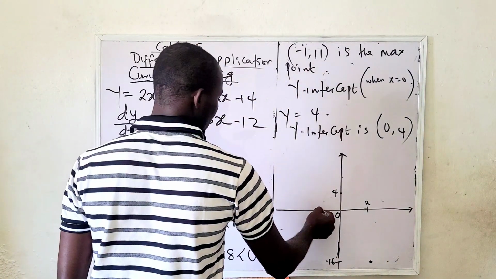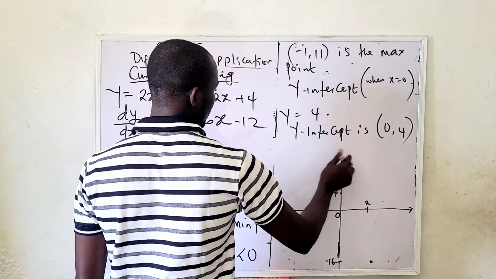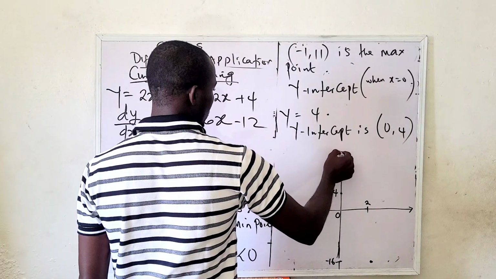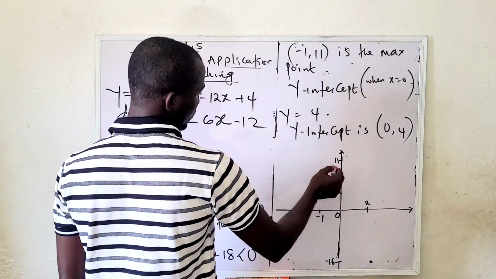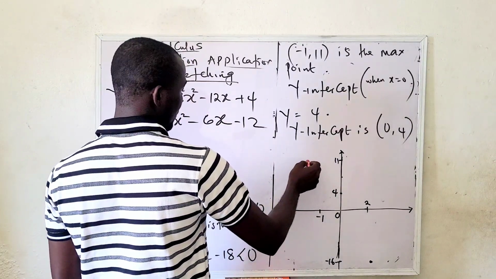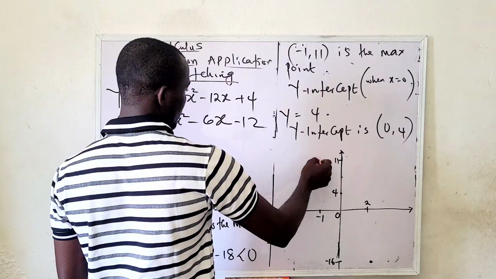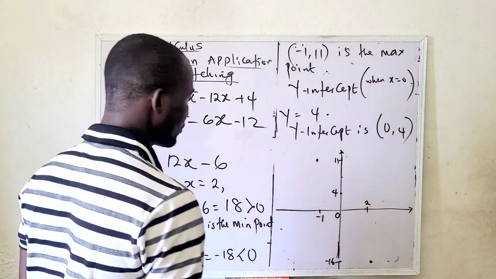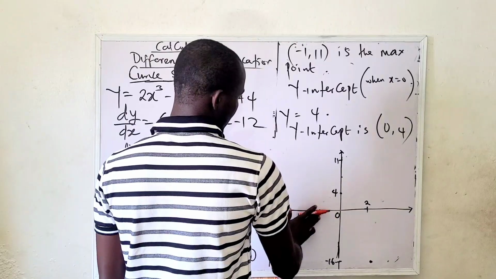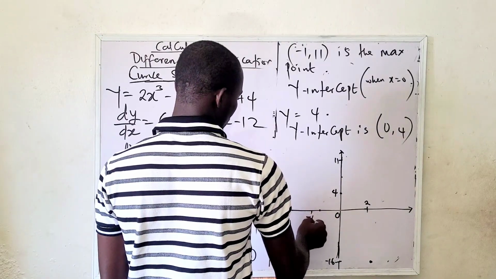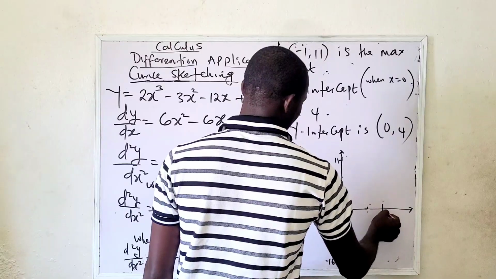All right, and then the maximum point, we have negative 1 and 11. Let's say this is your negative 1, and let's say this is your 11. You can just trace it. It's just an approximate value, it's not very accurate. Let me extend this out. Let's say this is my minus 1, and this is my negative 2.